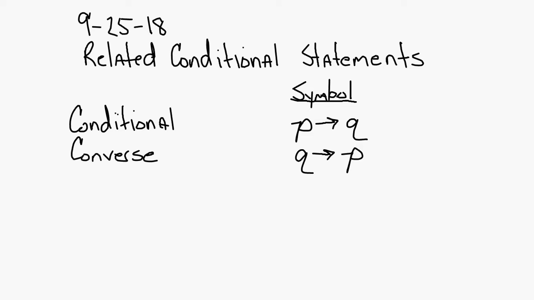The third type of statement is an inverse statement. When you write the inverse of the conditional, you are going to negate the original hypothesis, and you're going to negate the original conclusion.